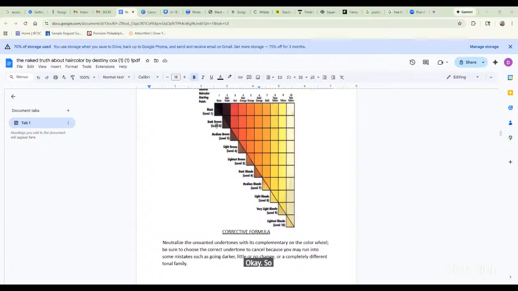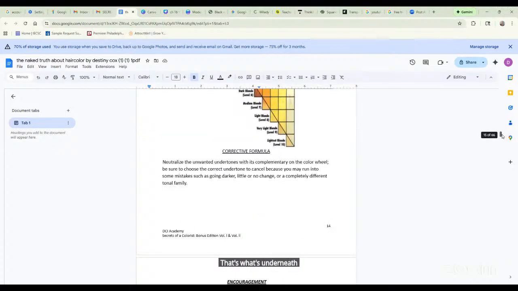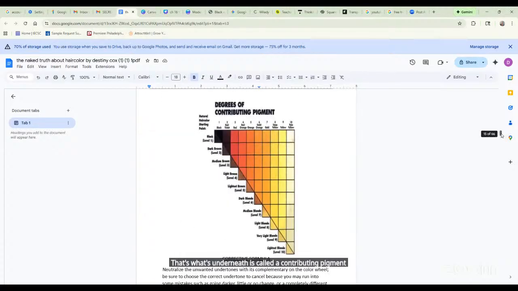So she is a dark brown. She wants to be a light blonde. All right. Remember what I said earlier. Although our eyes see a color, there's always something underneath. What's underneath is called a contributing pigment or an undertone.